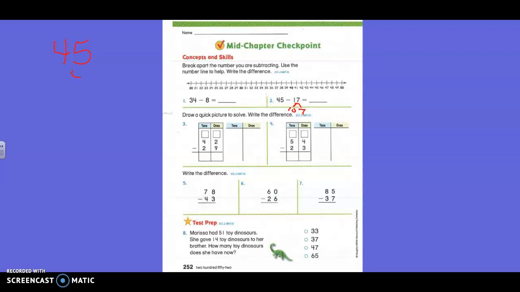Okay, so go to 45 and jump back 10. What's jumping back 10? 35. What's 10 more? 25. 10 more. 15. 10 more. 5. Right? Remember, when you jump, your ones are always the same.